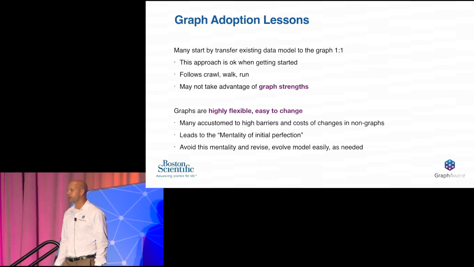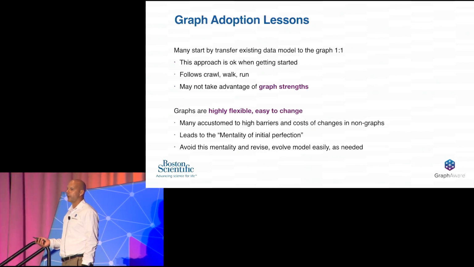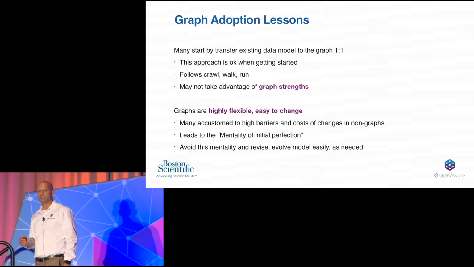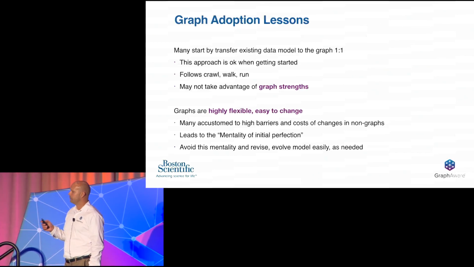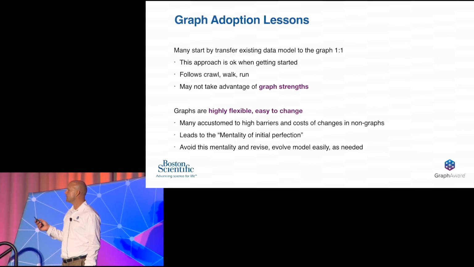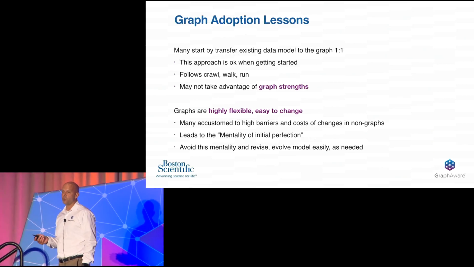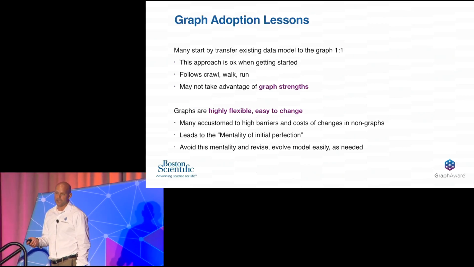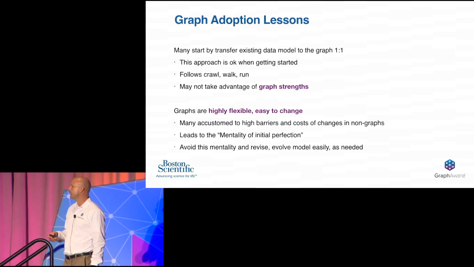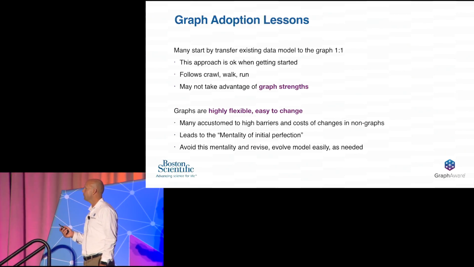When you're talking about getting started, we think this approach is okay because it follows the crawl, walk, run strategy, and anything that helps you get started adopting graphs we think is a good thing. Now, beyond initial first steps, this strategy may not take advantage of the graph's strengths, and so you might not be maximizing the business value that you could otherwise be taking advantage of. But in just getting started, it's a first step, as we said: crawl, walk, and run.